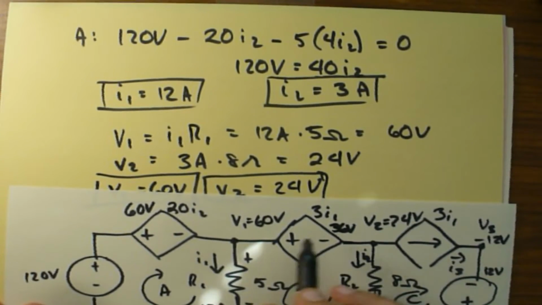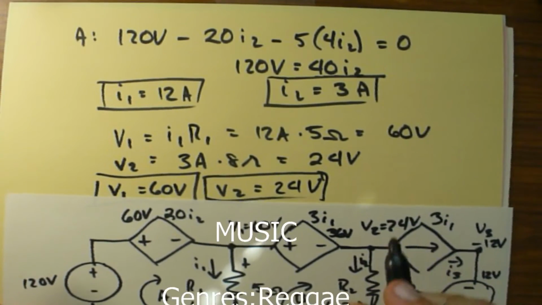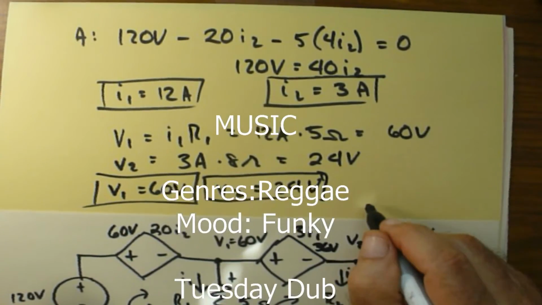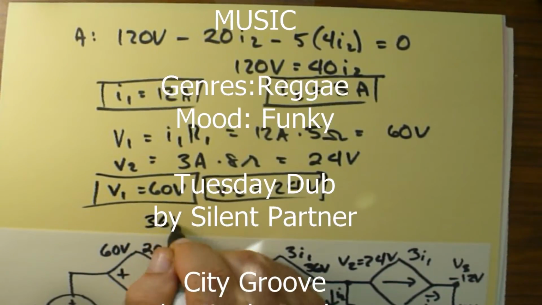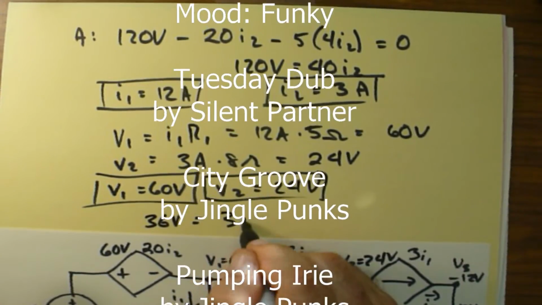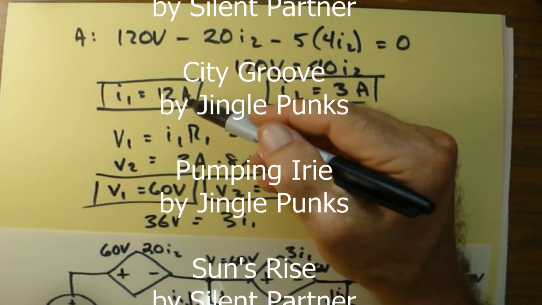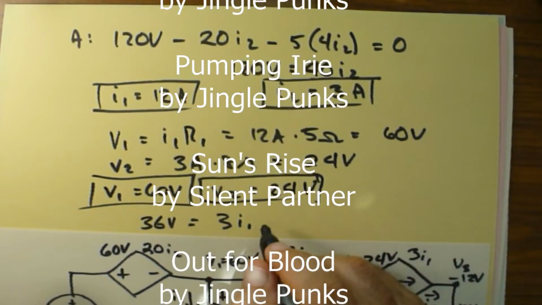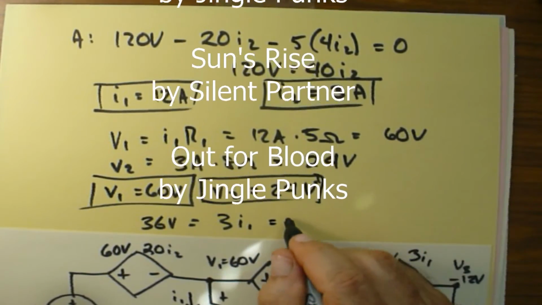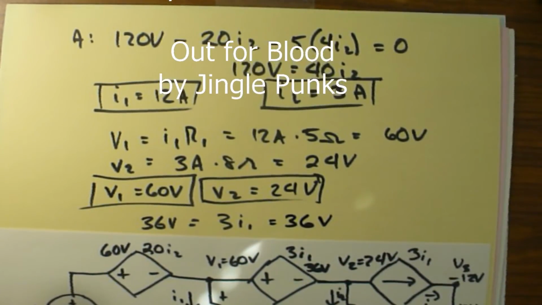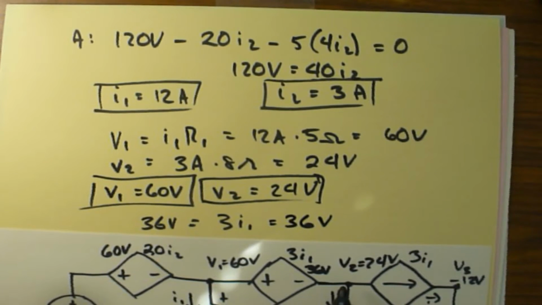So this should be minus 36 volts. Well, 36 volts in this case is equal to 3 times I1. I1 is 12 amps, times 3, which is 36 volts. So that works out just fine.